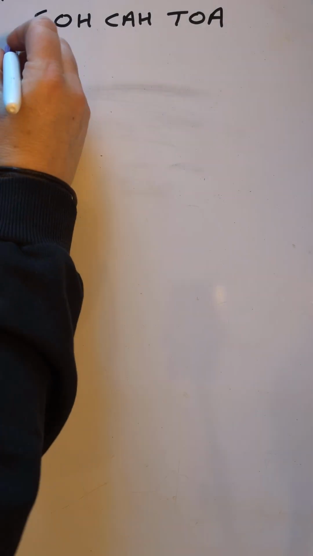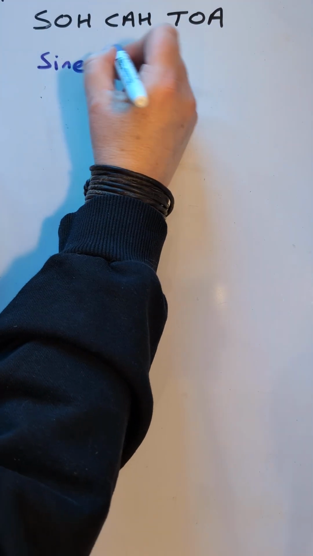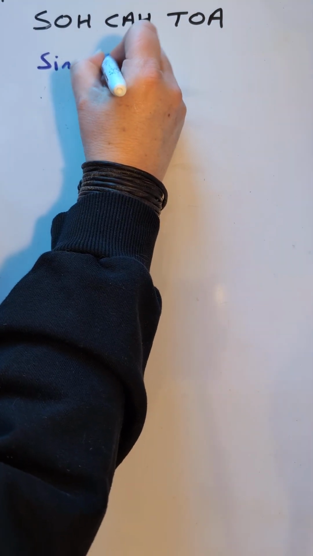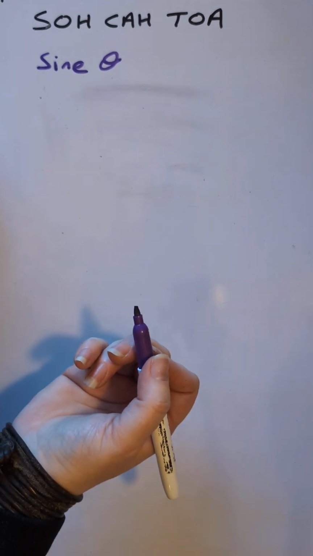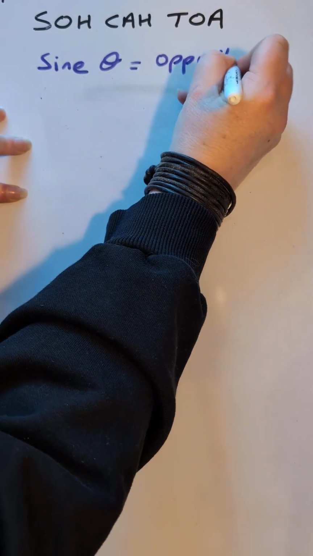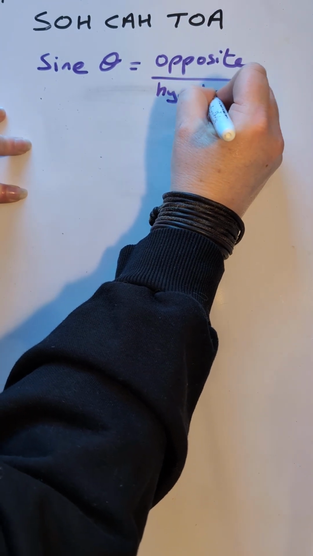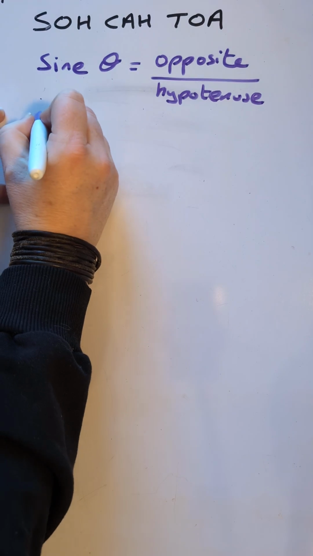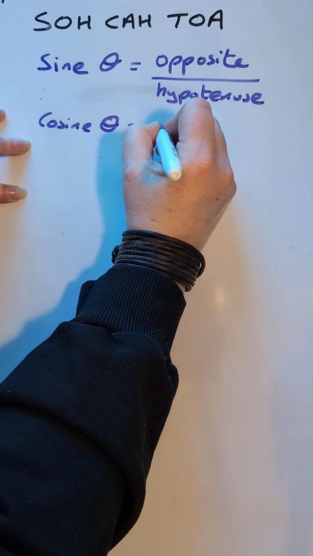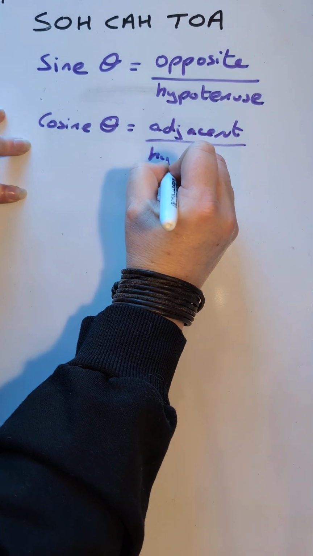So in short, SOHCAHTOA stands for sine. So that's sine of your angle. I'm going to use the theta symbol for angle. Is your opposite divided by your hypotenuse. Cosine of your angle is your adjacent divided by your hypotenuse.